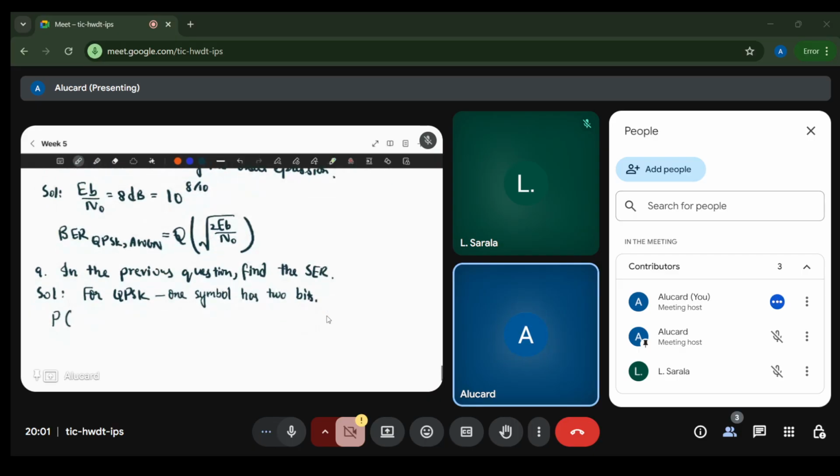This probability that the symbol is in error is the probability that the first or second bit is in error.